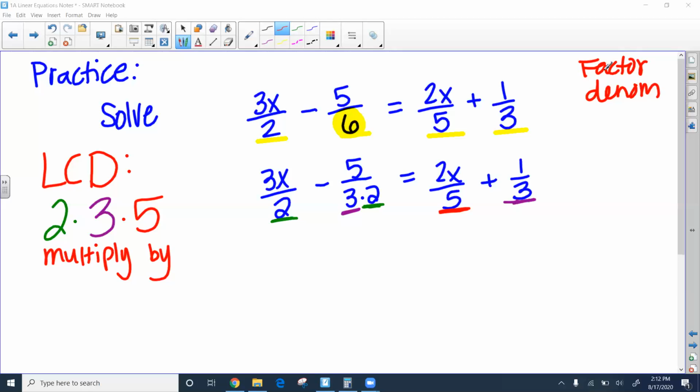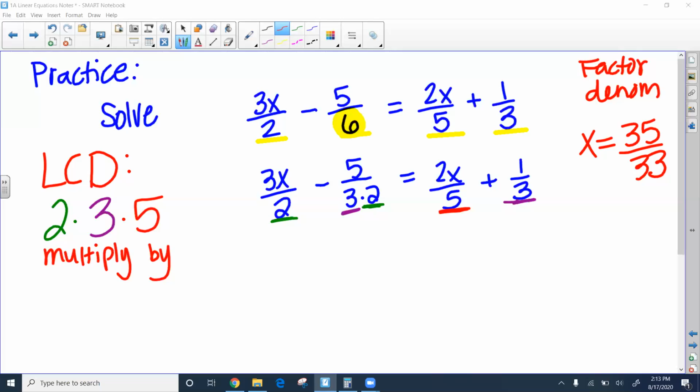Okay. So I saw a lot of good answers. I didn't get to respond to everybody as you were working. The solution is x equals 35 over 33. And we would want to just leave it as a fraction rather than trying to get a decimal or anything.